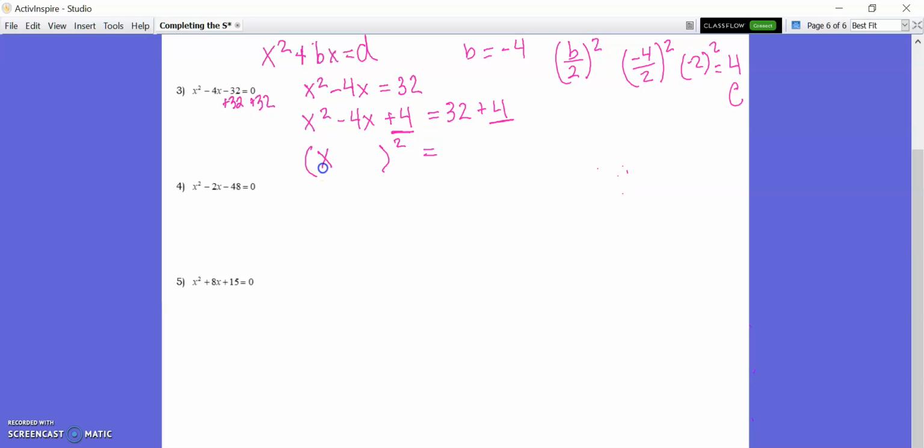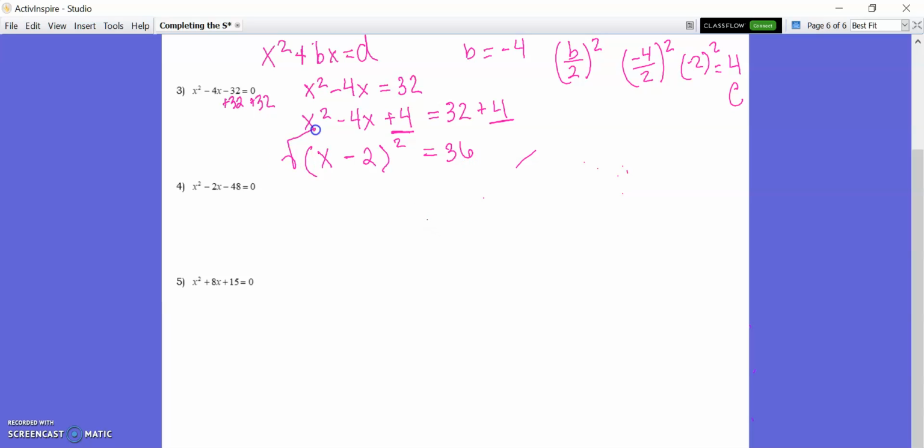It's going to be x, my middle term is negative, so it's going to be minus. And if you remember, if I take my b and cut it in half, that's the value in my factor. So negative 4 cut in half is negative 2, and that's why I see x minus 2 to the second power. Then I have 32 plus 4, which is 36.